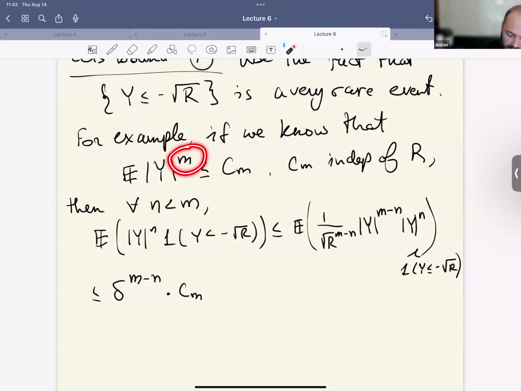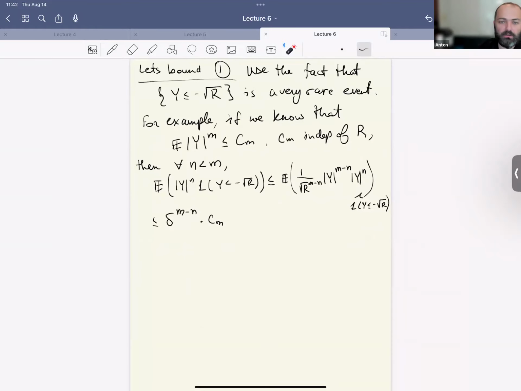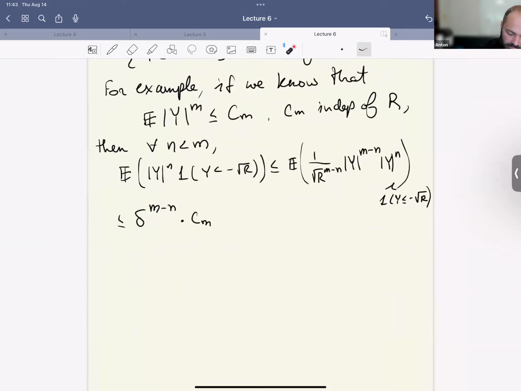And then we say n equals 1 or n equals 0 or whatever. Or maybe n equals 5. Even with n equals 5 and m equals 10, we have a delta to the power of 5 here. So the point is, this is a term you guys can easily sweep up. It doesn't really depend on any Stein's method techniques. This is just concentration bounds.